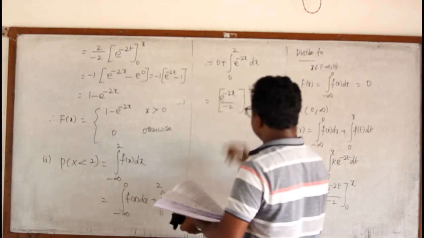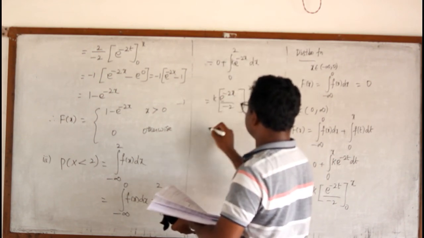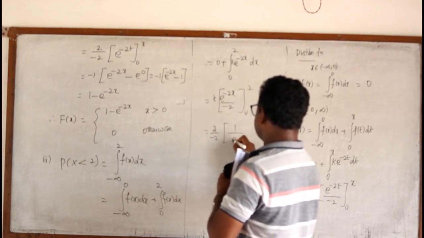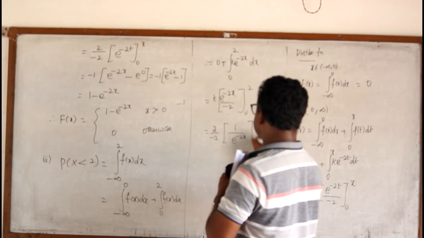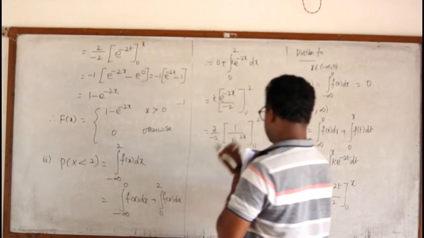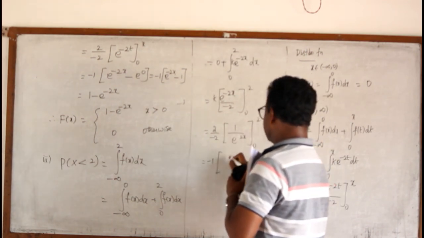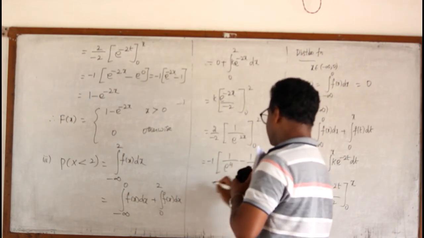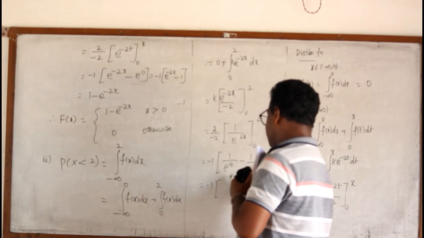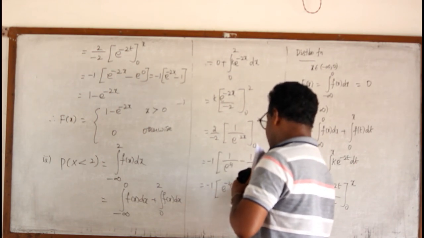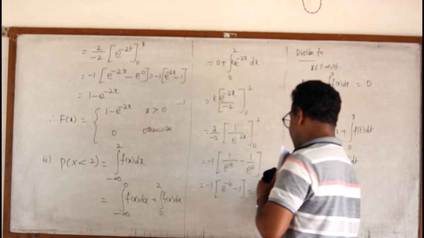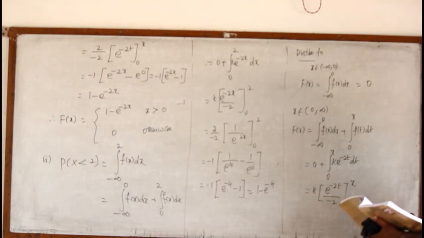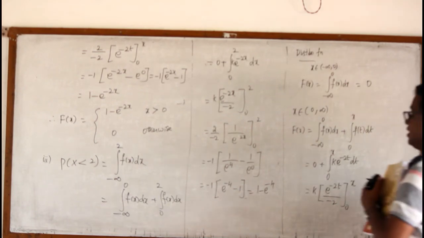K is taken out, and the k value 2 by minus 2 is taken out. The limits are 0 to 2. It is minus 1 into 1 by e power 4 minus 1 by e power 0. Minus 1 into e power minus 4 minus 1. When I take the minus 1 inside, it is 1 minus e power minus 4.